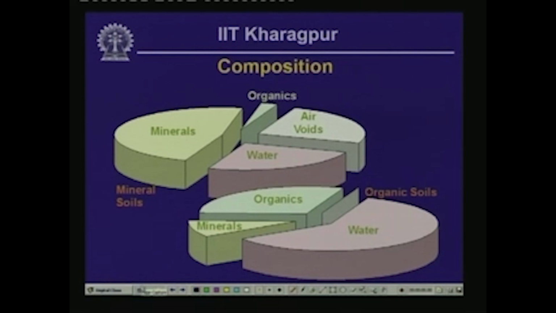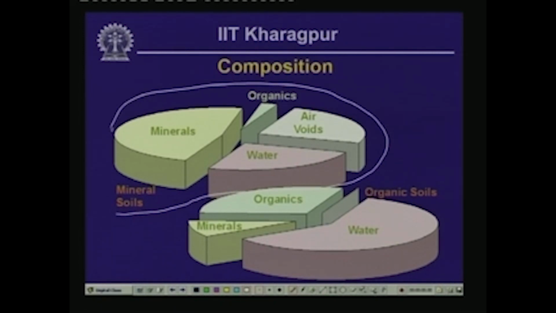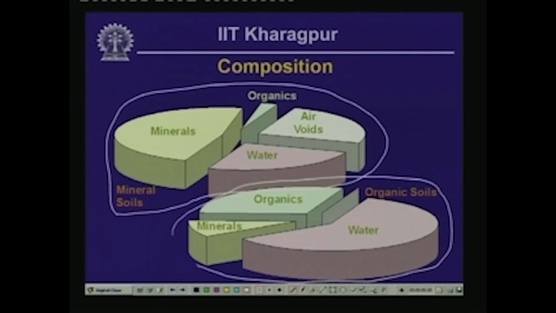So, the one on the top here, this pie chart represents mineral soils, and the pie chart on the bottom right represents a typical composition of organic soils.